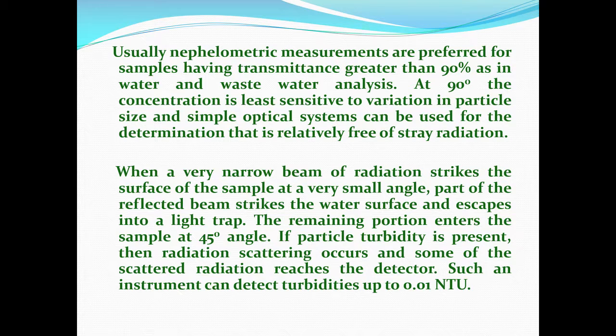So, when a narrow beam of radiation strikes the surface of the sample at a very small angle, part of the reflected beam strikes the water surface and escapes into a light trap. The remaining portion enters the sample at 45 degrees, and if any particle turbidity is there, then radiation scattering occurs and some of the scattered radiation reaches the detector. So, the positioning of the detector is also very important. Such an instrument can detect turbidities up to 0.01 NTU.